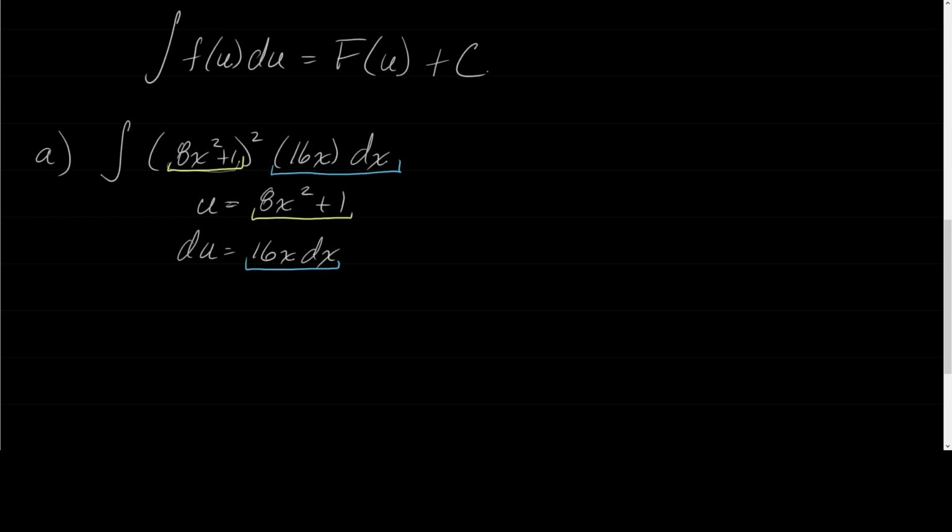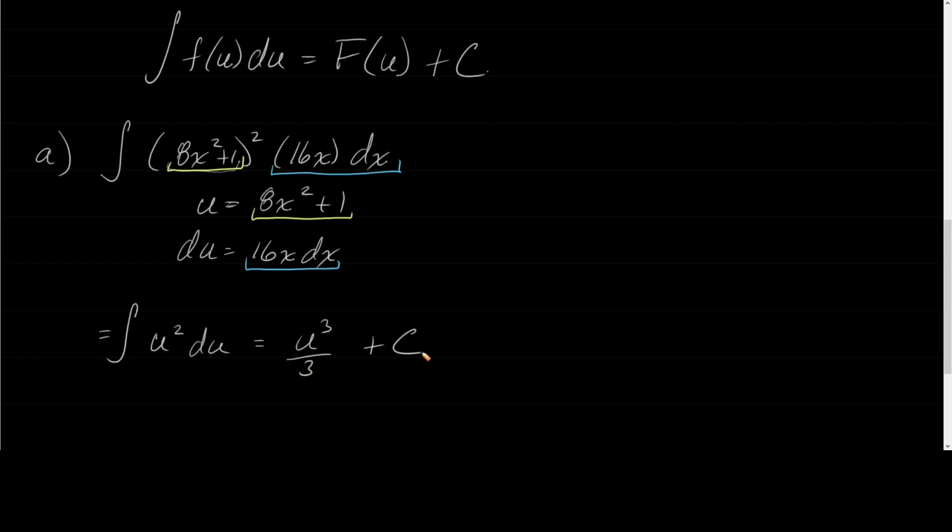So we can rewrite this as the integral of u squared du. Now we're integrating with respect to u, so the integral would be u cubed over 3, and because it's an indefinite integral, plus c.